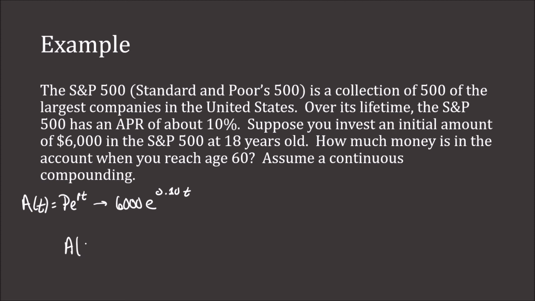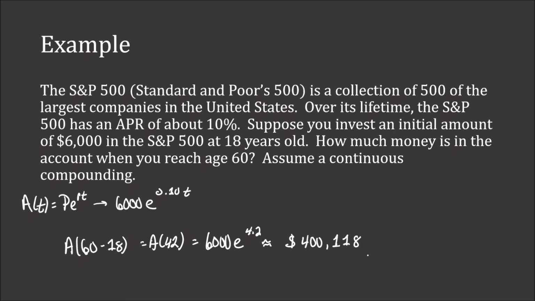So we want A of 60 minus 18, which was A of 42. So this gives us 6,000 e to the 0.10 times 42, which is 4.2. And this will give us approximately $400,118.